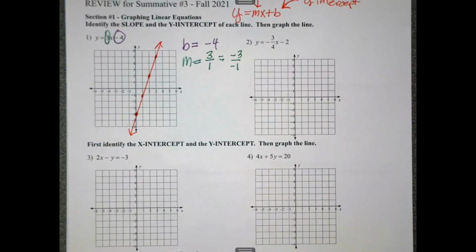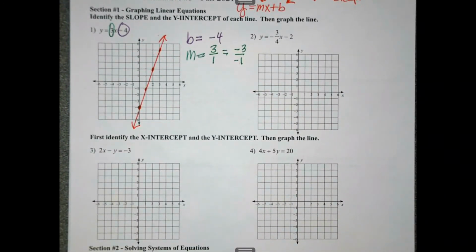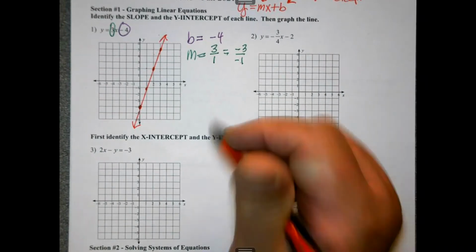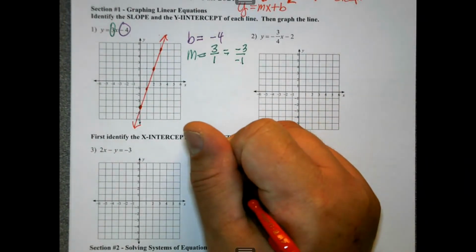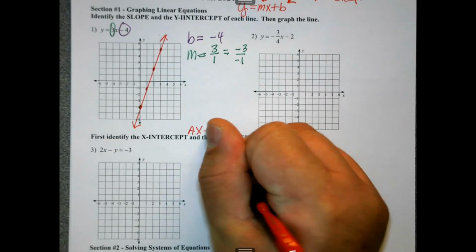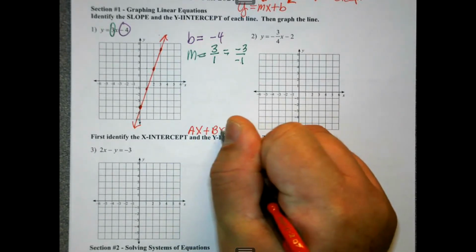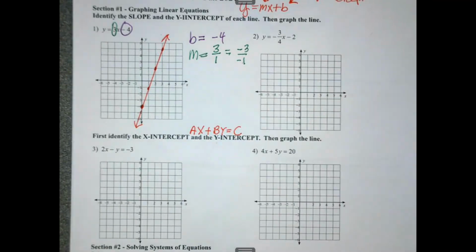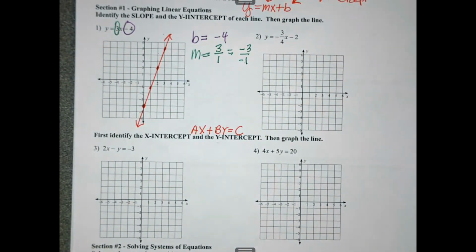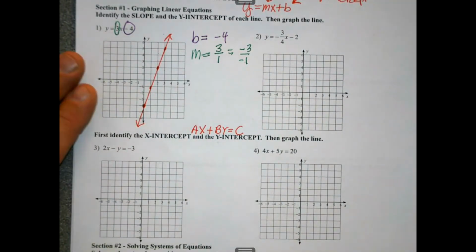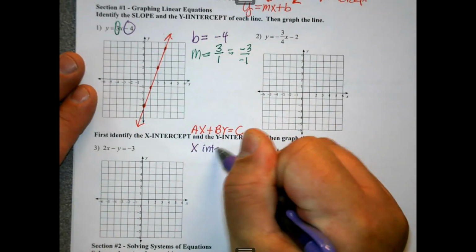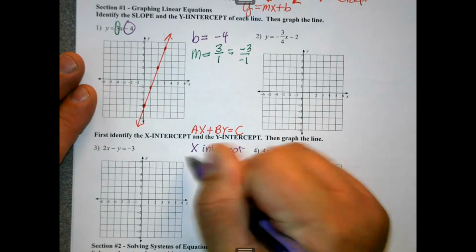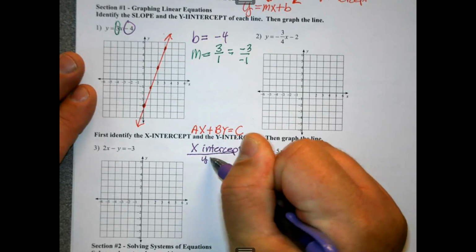And then we did graphing lines in standard form, right? This is, let's see, Ax plus By equals a constant C. So for the x-intercept, I set y equal to 0.